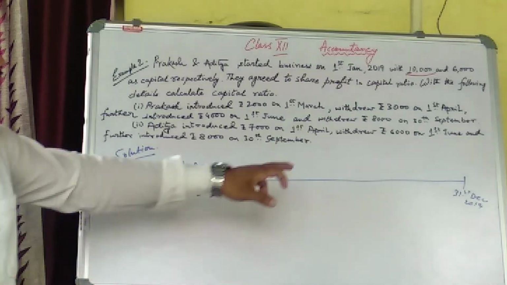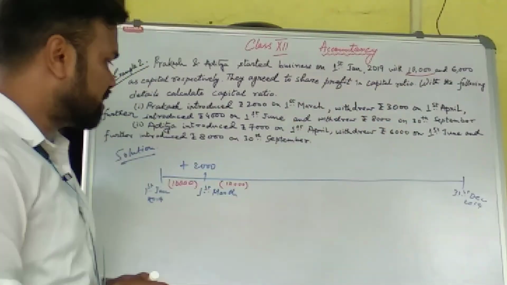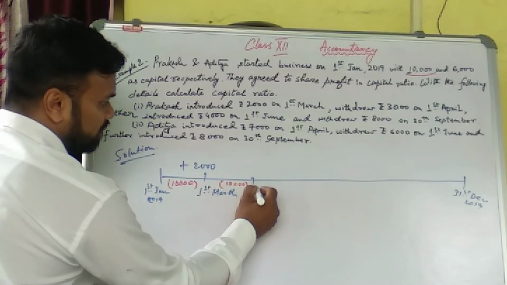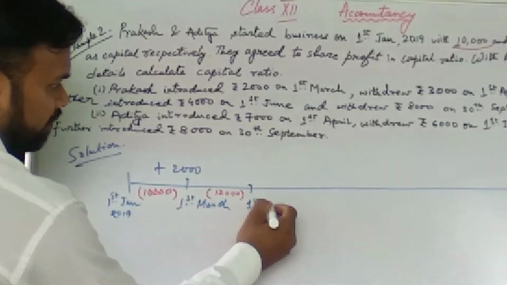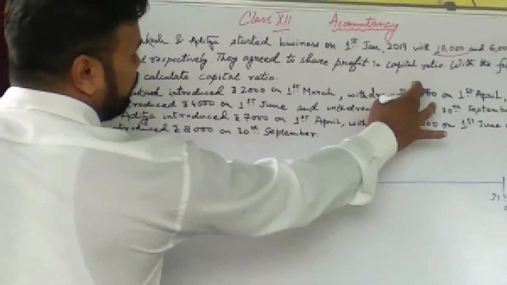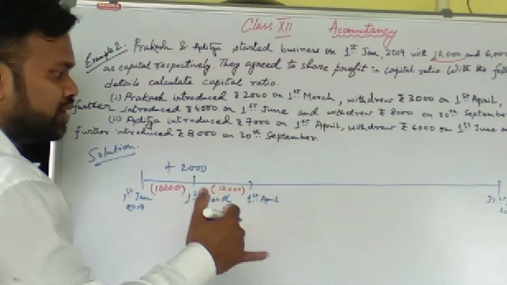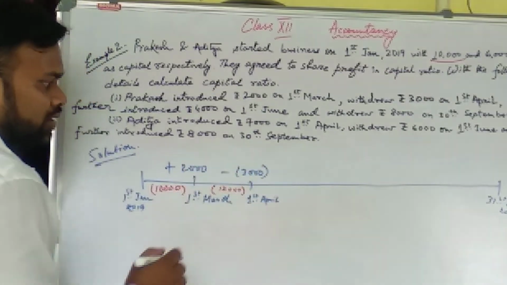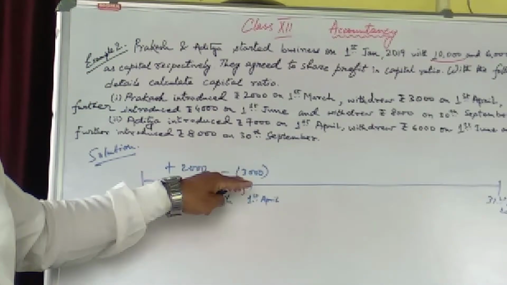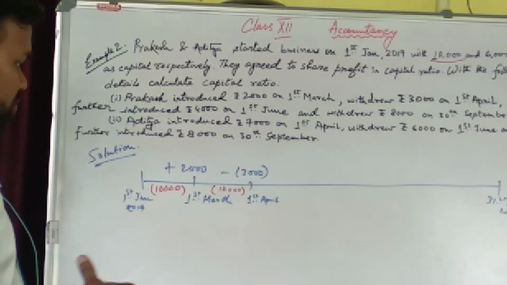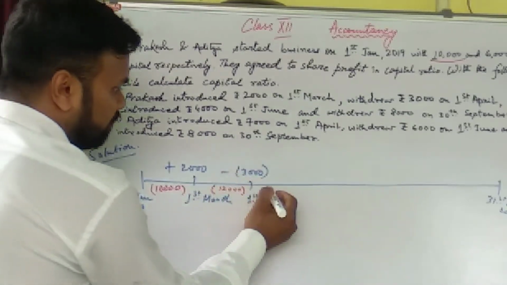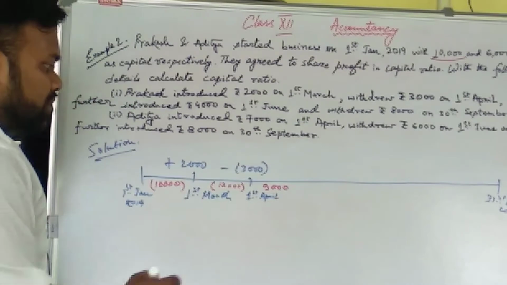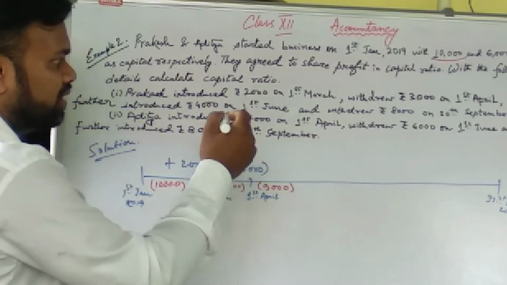Next, he withdrew 3,000 on 1st April, just after 1 month. Withdrawing 3,000 means he is deducting from the capital. So what is the capital now? 12,000 minus 3,000. That is 9,000.